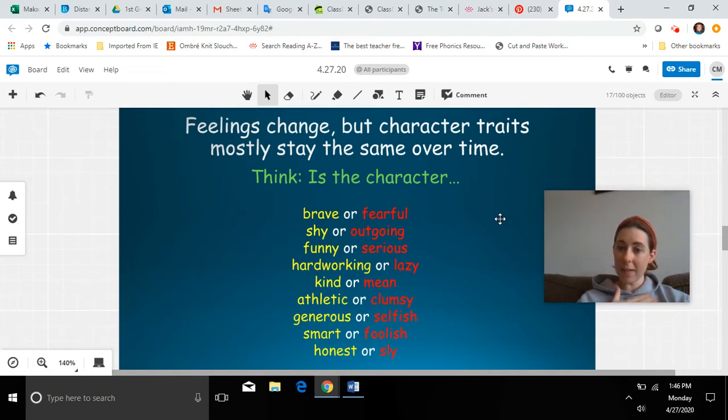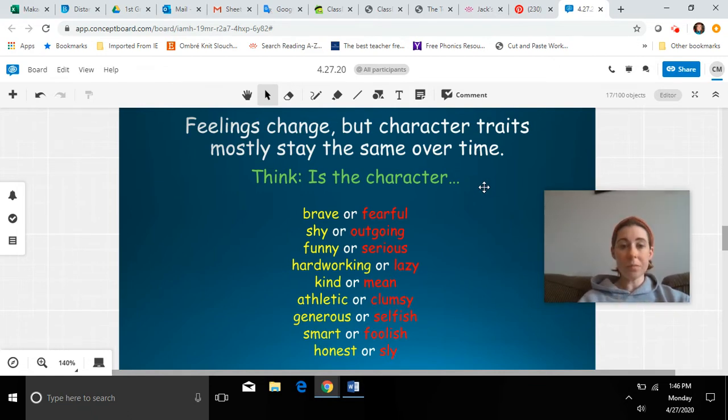Okay, my feelings can change day to day, even hour to hour. But my personality, the way that I am, usually stays the same. So if Miss Makadia is a quiet person, usually I stay quiet over time. Okay, that doesn't change. If I am a kind person, usually that stays the same.